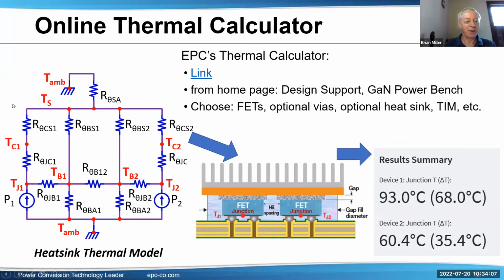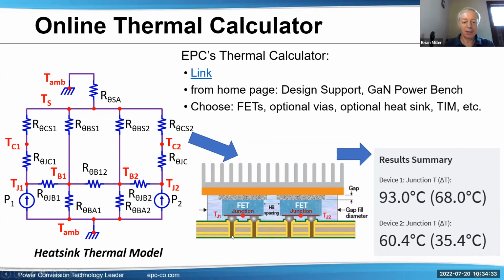Okay, on the left is a full thermal model of 2 FETs, P1, P2, and all the different paths and the different values that you would have to use to calculate this, which can appear a bit daunting. But what's really nice is EPC does have a thermal calculator online. Here's a diagram from it. So you can select either 1 FET or 2 FETs.